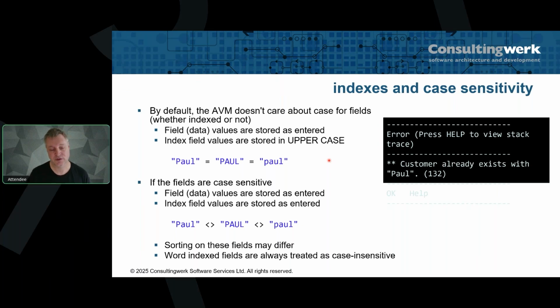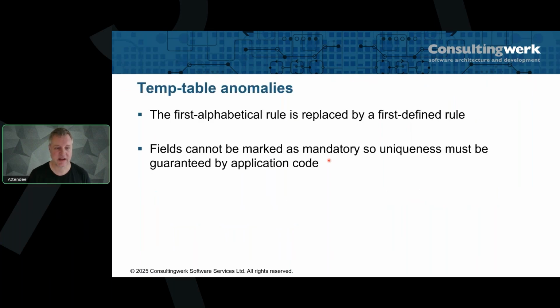If you sort on case-sensitive fields, then that may differ depending on your collation tables. And word index fields are always treated as case insensitive values. Okay, so temp tables. Temp tables are fun in the sense that they're almost but not quite like database tables.